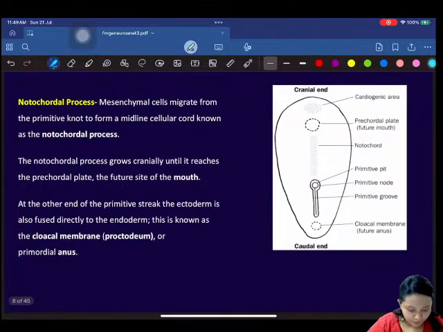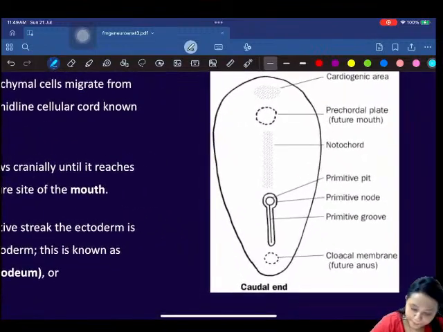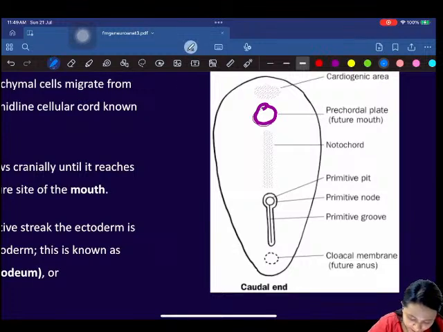So what happens then? The mesenchymal cells from the primitive knot will form a midline cellular structure that is known as the notochordal process. Till this much you know that this is the precaudal plate, the head end, and then you have the primitive streak.